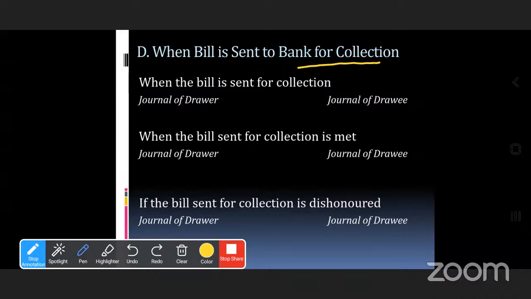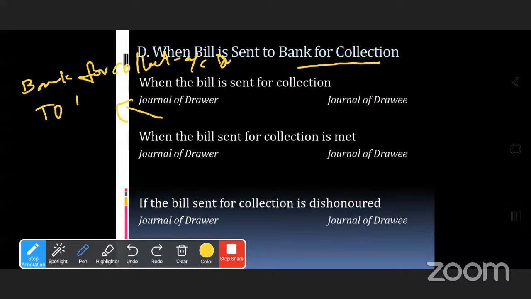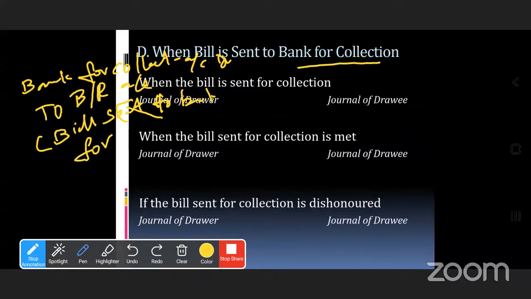In the books of the drawer, we will be writing the journal entry as bank for collection account debtor to bills receivable account, that is, bill sent to bank for collection.